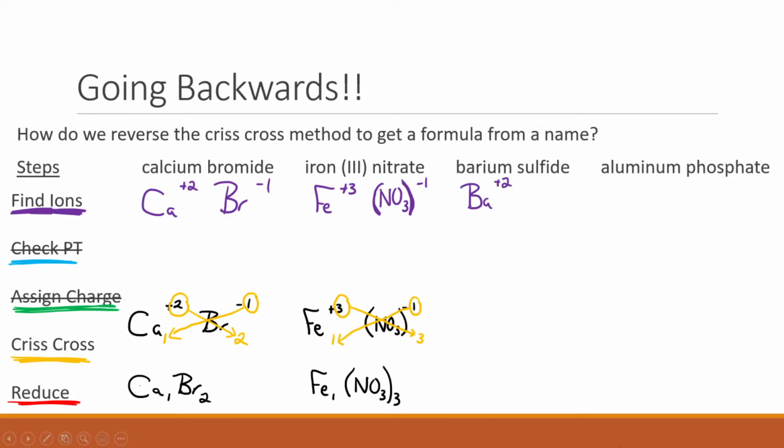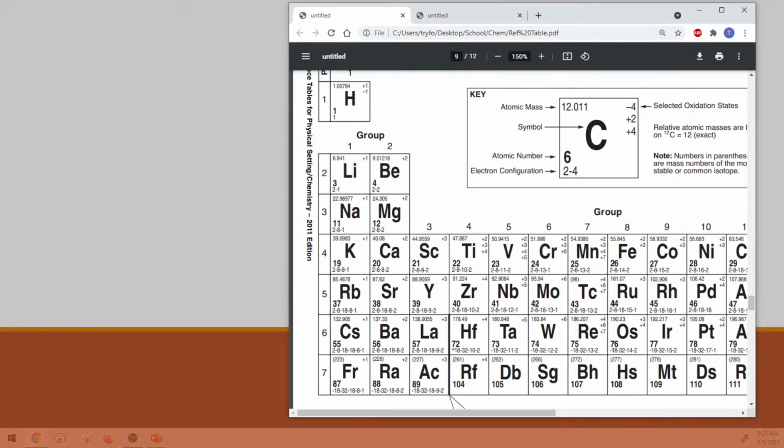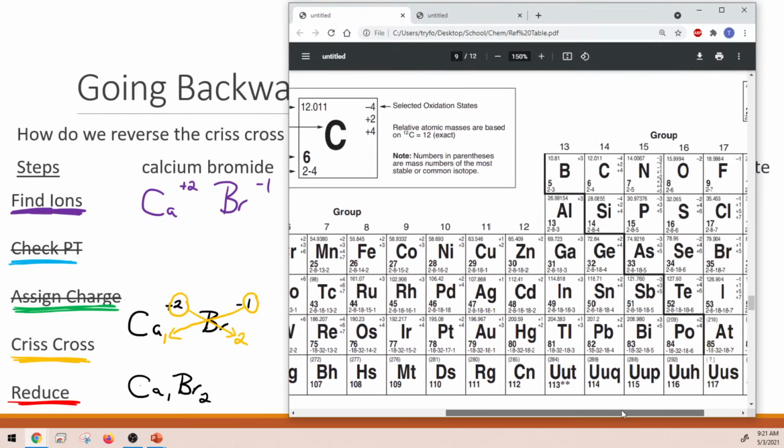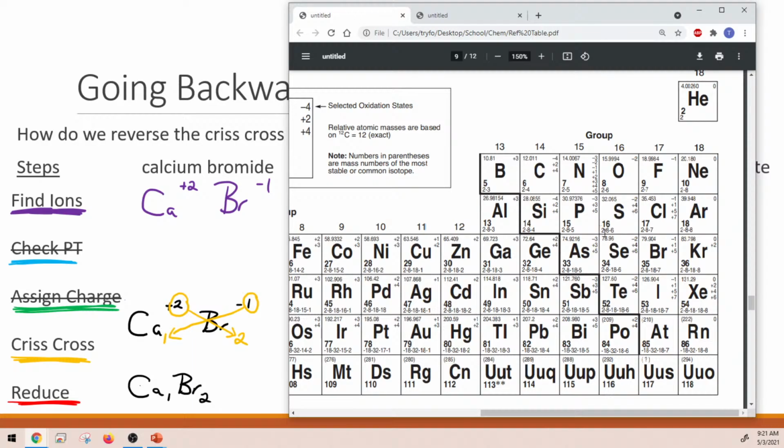And then we've got sulfide, which came from sulfur. So we're going to take a peek over here, looking for sulfur. Oh, we see that same problem we saw before. Sulfur has 3 different charges. But we know that it's the second ion in the compound, and so we should have a negative charge on our sulfur. So S minus 2.